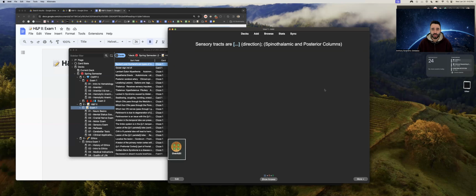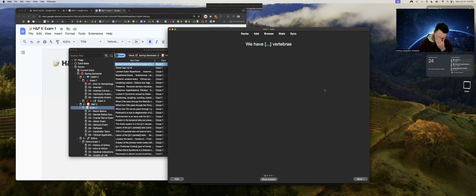Sensory tracts are blank direction. Spinothalamic and posterior columns. Like they go up, ascending. Okay, sure. Through the spinothalamic, posterior columns. We have blank vertebrae. Oh, so it's 7 cervical, right? 12 thoracic, so that's 19. 5 lumbar, so that's 24. And then is it counting coccyx as 25? Let me double check.